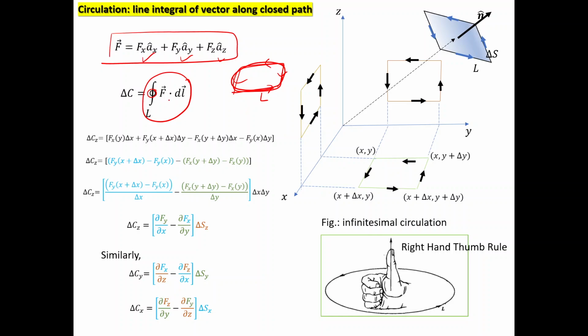The closed line integral over this length is mathematically called the circulation of the field over this length or contour.